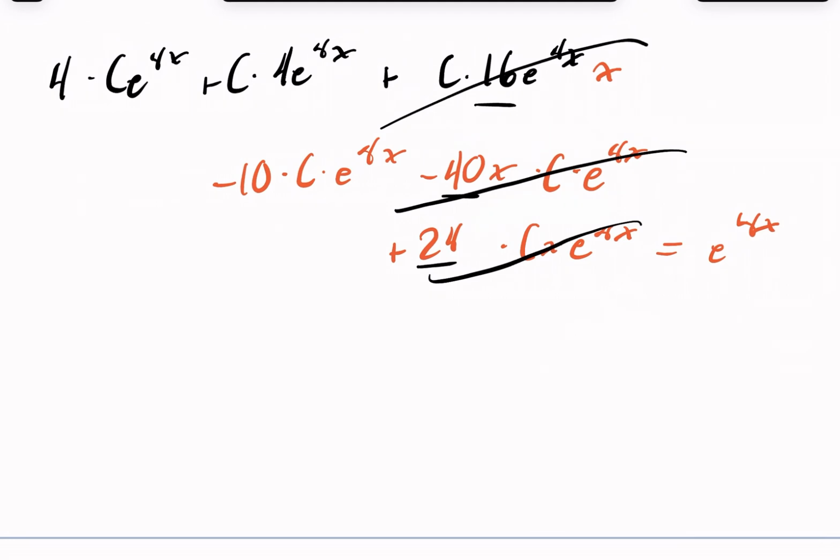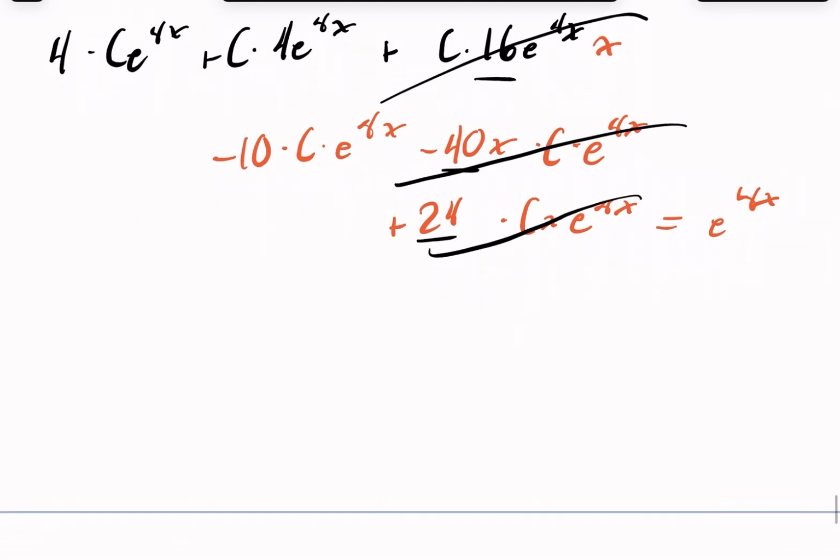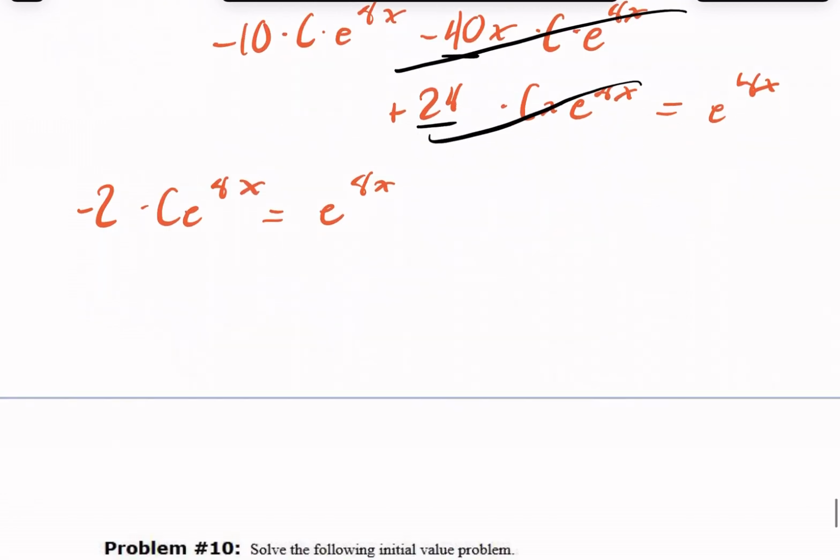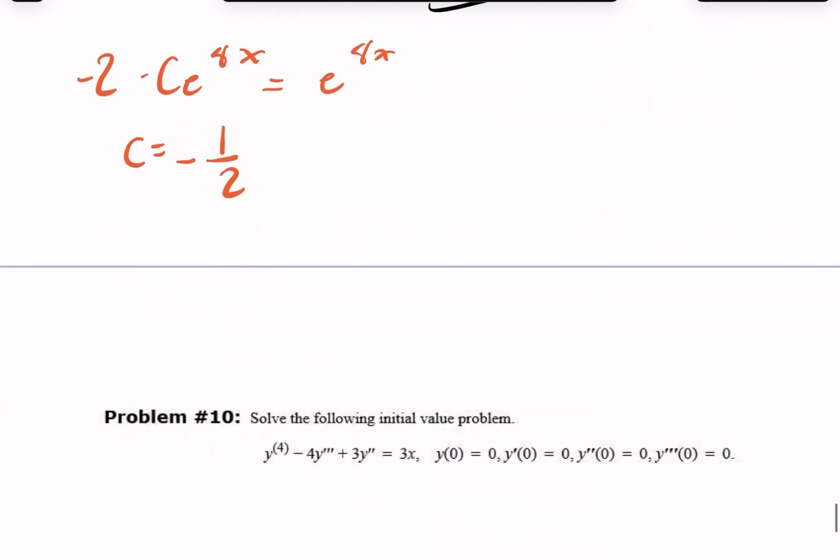And then following that, all of these are just by themselves. And so we have really negative 2 times ce to the 4x equals e to the 4x. And it doesn't take a genius to see that negative 1 over 2 equals our solution. Or sorry, our c value.